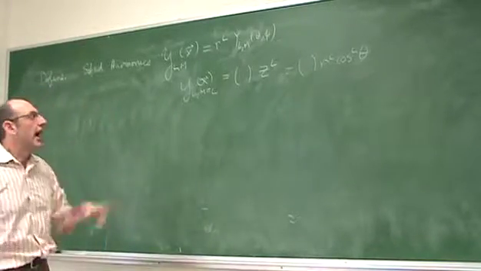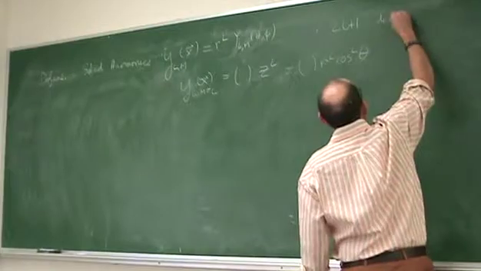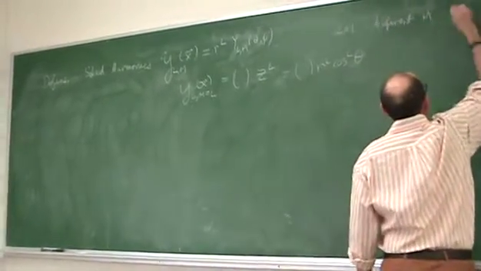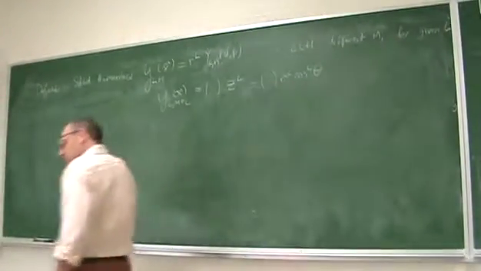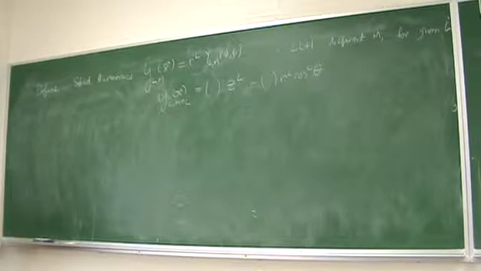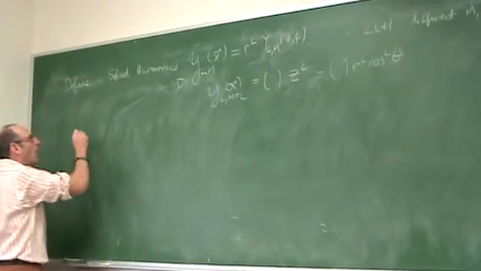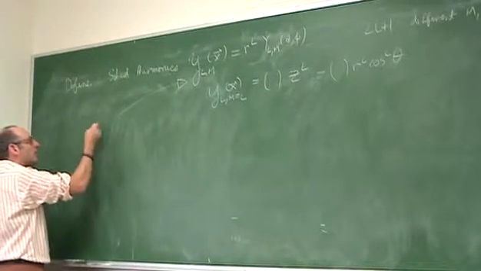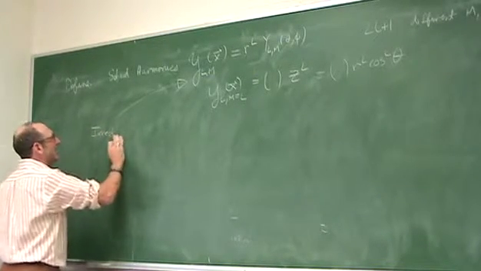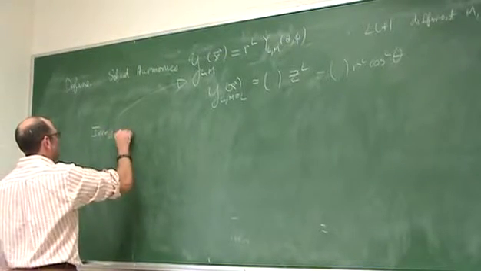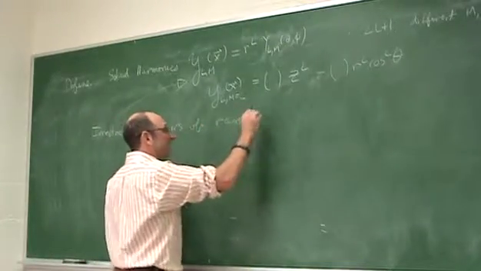But they're polynomials, and there are 2L+1 different m for a given L. Now these objects are what are also called irreducible tensors of rank L.